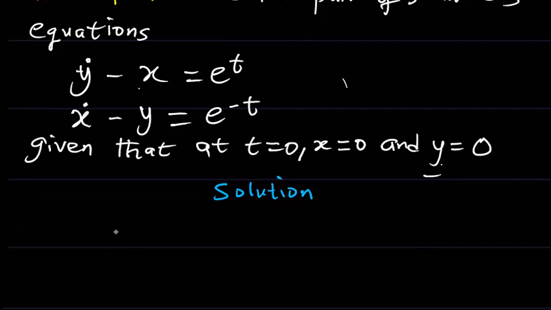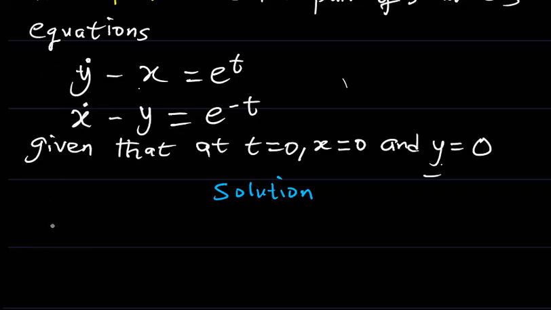For each of these equations we are going to write the Laplace transform, starting with equation 1. So let's start with the Laplace transform of y dot. You know exactly what it's going to be.